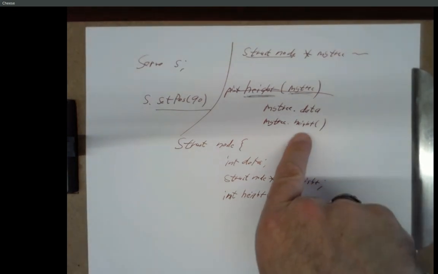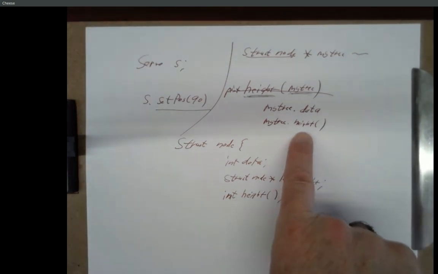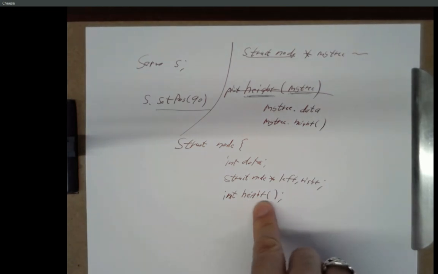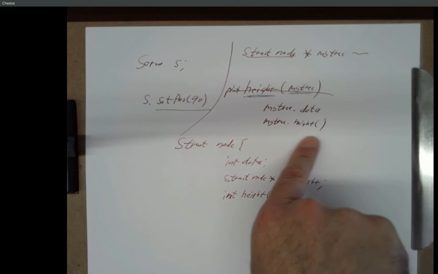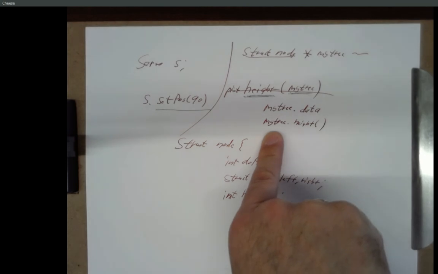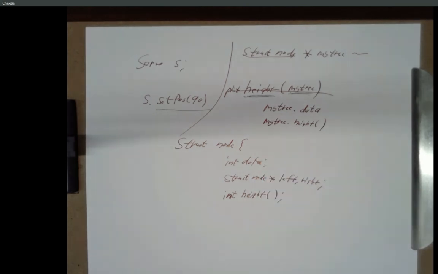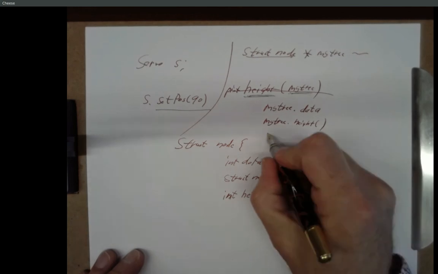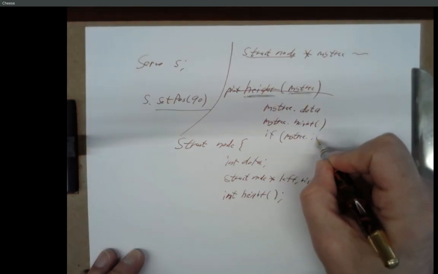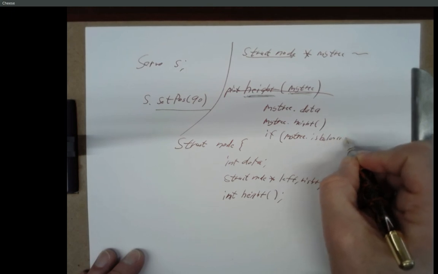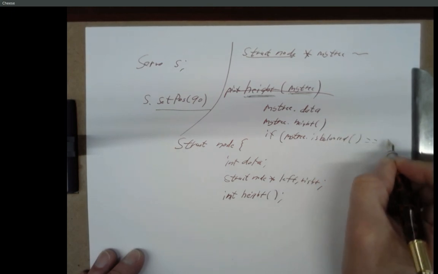And when I say this, the system is going to run the height code on whatever my tree is, and this is going to return the height of my tree. And if I want to know if my tree is balanced, I could say if mytree.isBalanced equals 1.